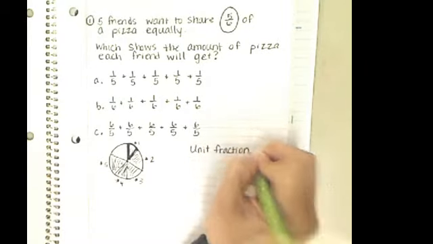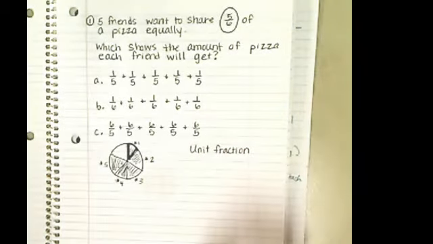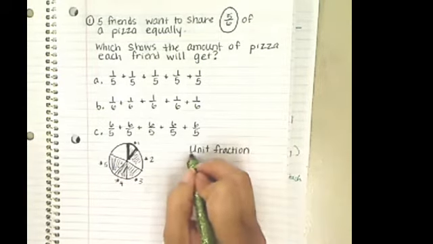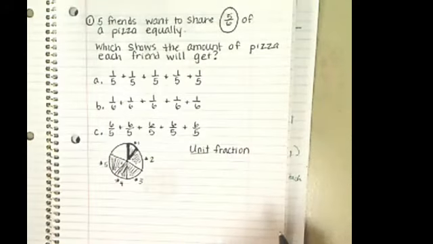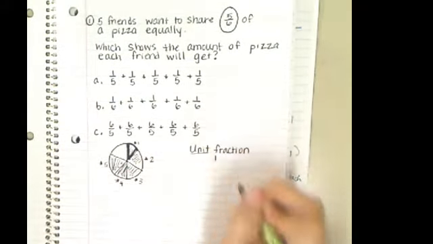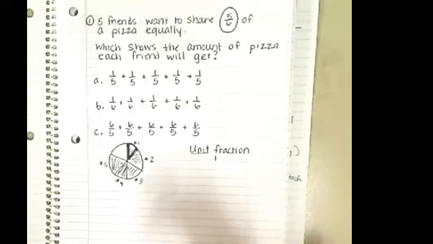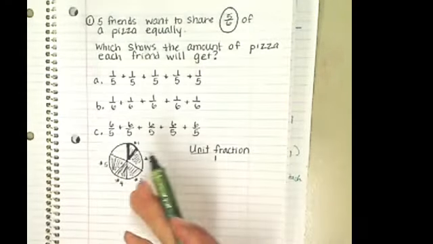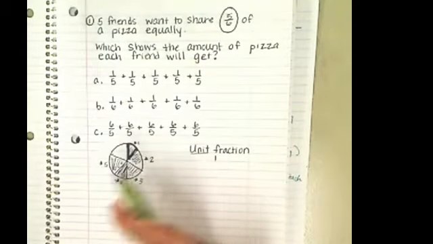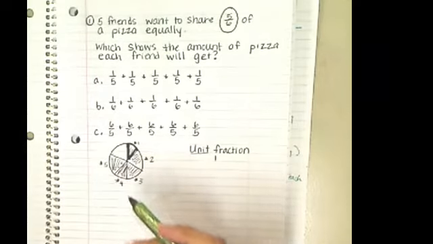If you don't know what unit fraction means, go ahead and look it up in your math notebook. But the word unit suggests what number of pieces are we talking about? It's just one. One out of how many? How many total pieces are there in this pizza? There's 6.